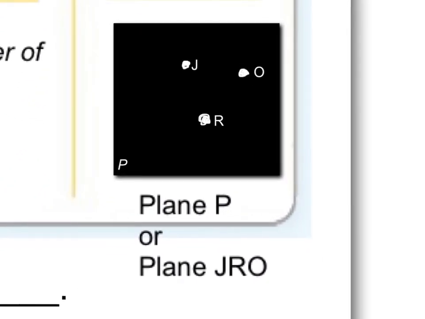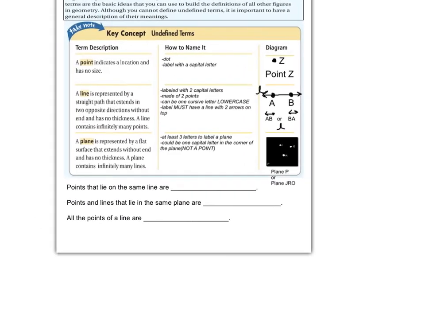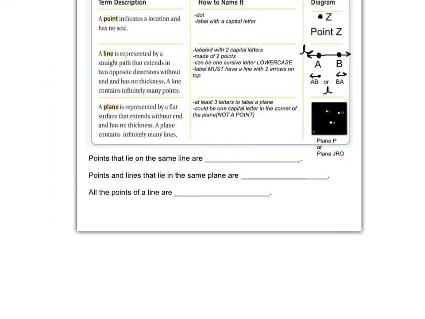We've got a plane, and you'll notice I have 3 points in the plane: J, R, and O. So I can name that plane JRO, plane ORJ, or plane JOR, as long as I have at least 3 letters. You'll also notice this little cursive p down here, so I can also name that plane p. Those are the 3 undefined terms that you're going to see most of the time.